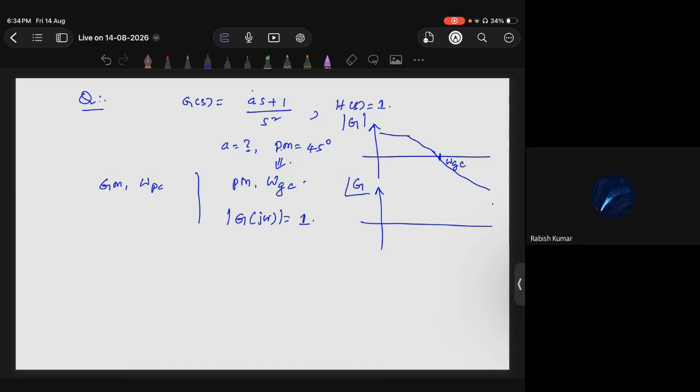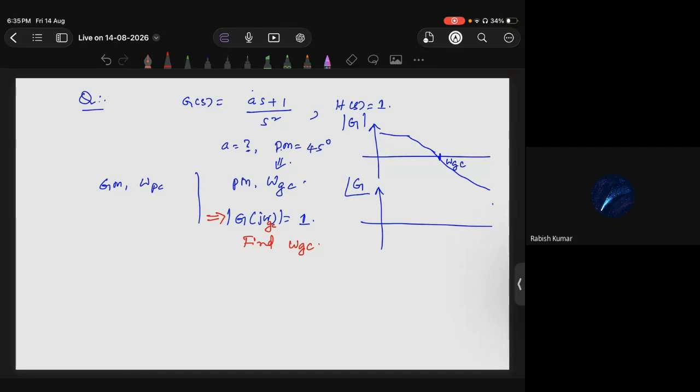So this is the frequency where the magnitude will be equal to 1. That is omega gc. Is that clear? You start with this and find omega gc.